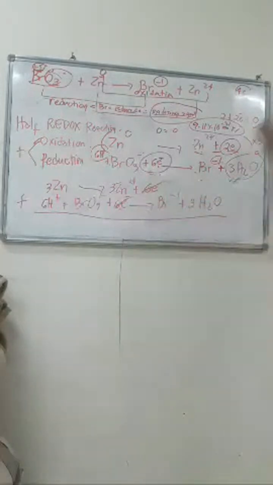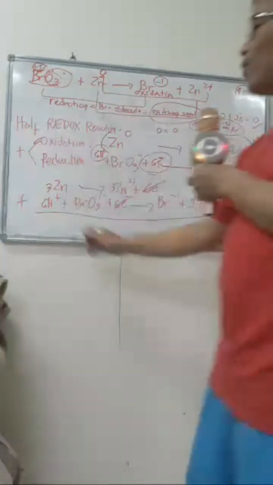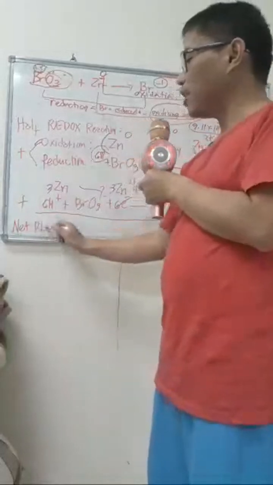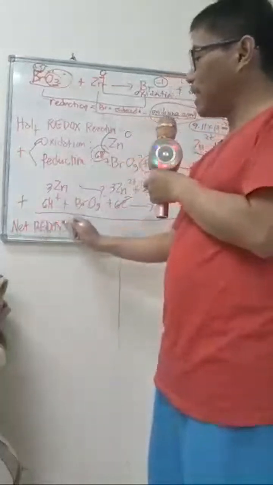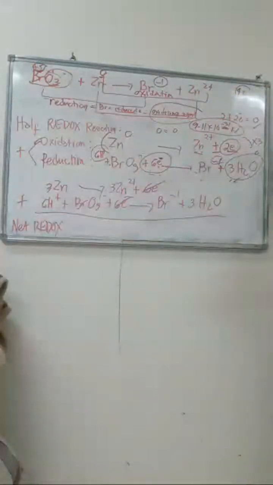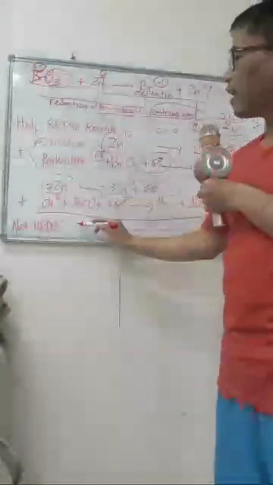What will be left is your net or final redox equation. So we'll call this simply the net redox equation. You need to master this to improve your grades in chemistry, because most of the time we will be dealing with chemical reactions. So net redox, it will be 3 zinc, copy everything.